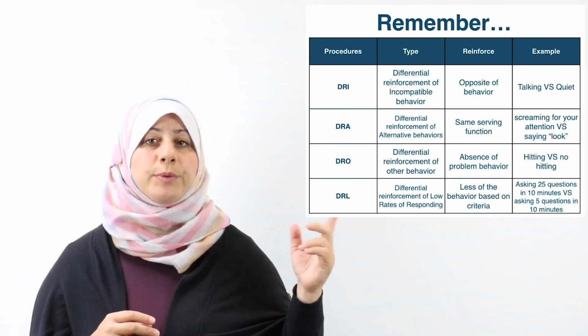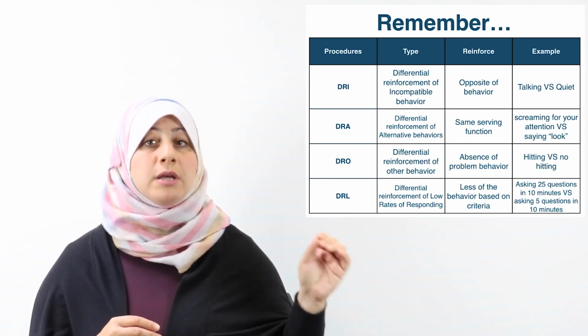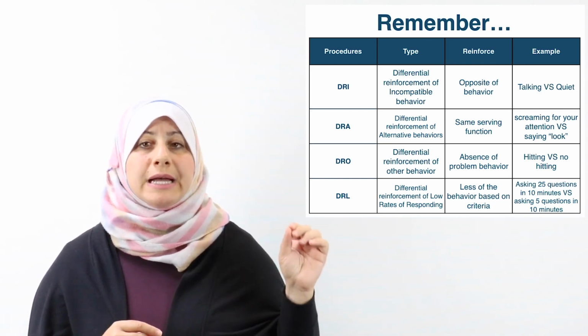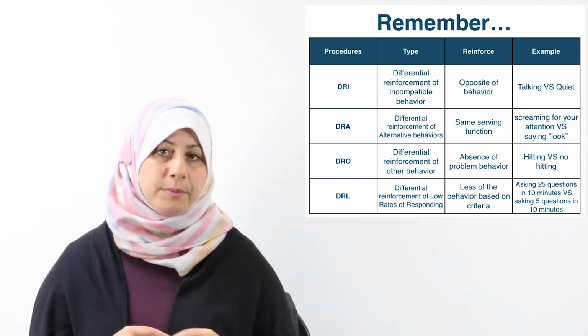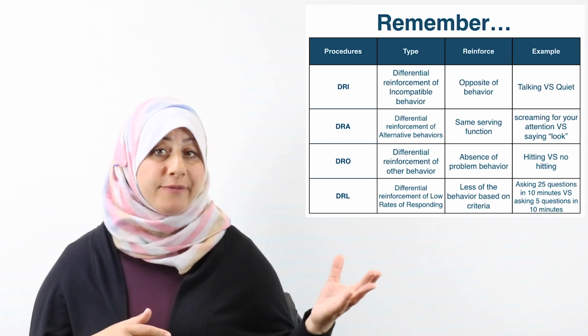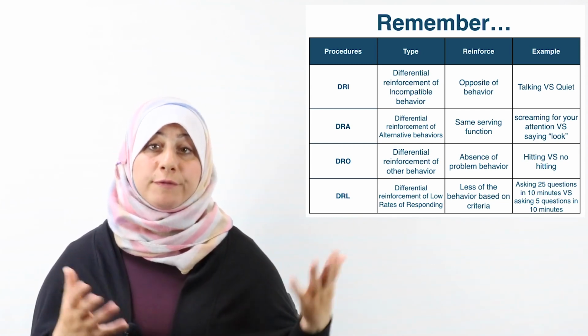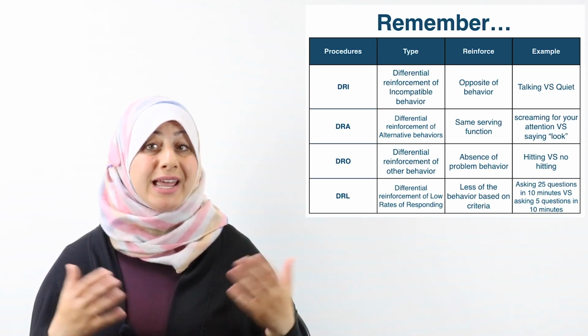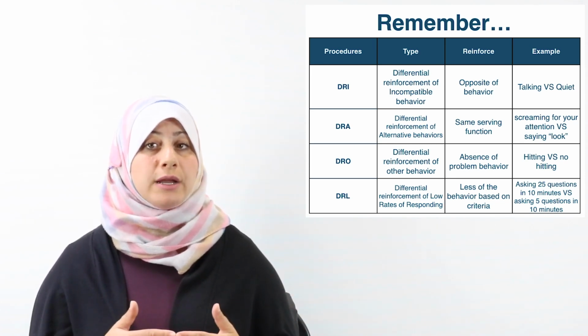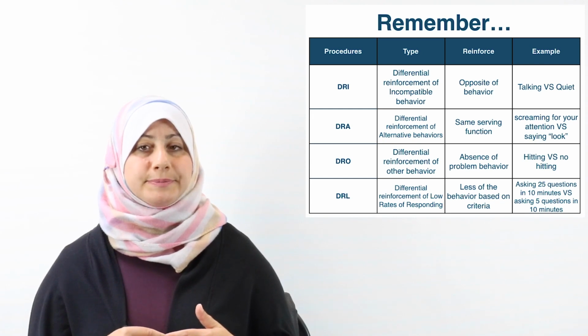So here's a chart to help you differentiate between the procedures. Remember, with a DRI procedure, you're basically doing the opposite of that problem behavior. If the problem behavior is running, then sitting would conflict with that. If throwing is the problem behavior, then teaching hands down and reinforcing that would be the opposite.